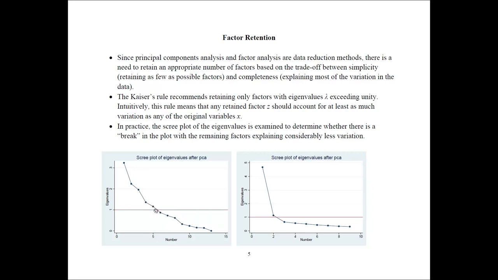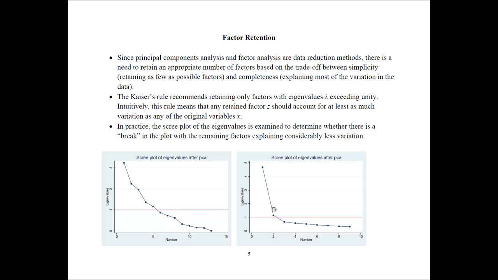The Kaiser rule says that anything above 1 should be retained. So we have 1, 2, 3, 4, 5, according to this rule, that should be retained. Here in this different example, we have one eigenvalue that's about 4 point something, and one that's very close to 1. And so according to the Kaiser rule, again, here we should retain 2.